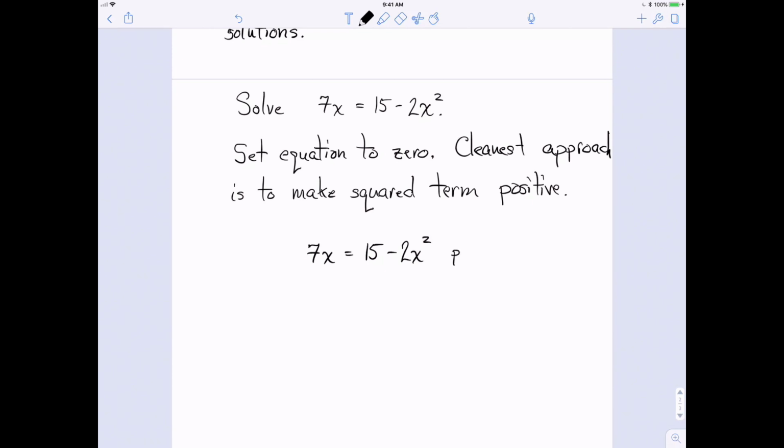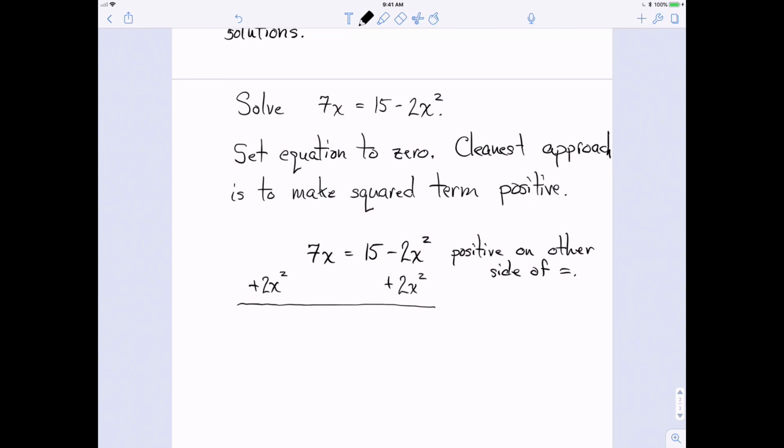So positive on the other side of the equal sign. So if we add 2x squared to the right side, the one rule about algebra is that whatever you do to the one side, you do exactly the same thing to the other side. So I'm going to add 2x squared to the other side.